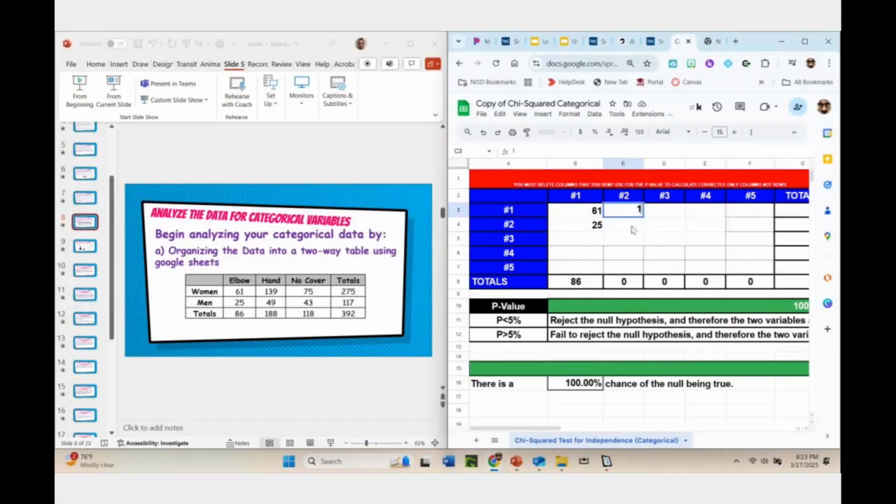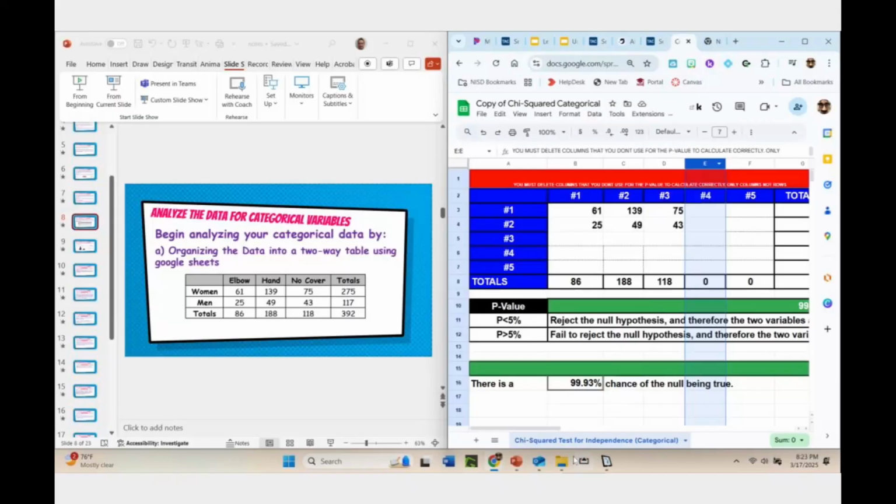It already calculates my totals for me. I'm going to do 139 and 49. And here I'm going to do 75 and 43. So I'm just typing in my table. After I'm done with this, I want to delete any unused rows and columns. Notice I didn't have any columns that exceed the fourth column.